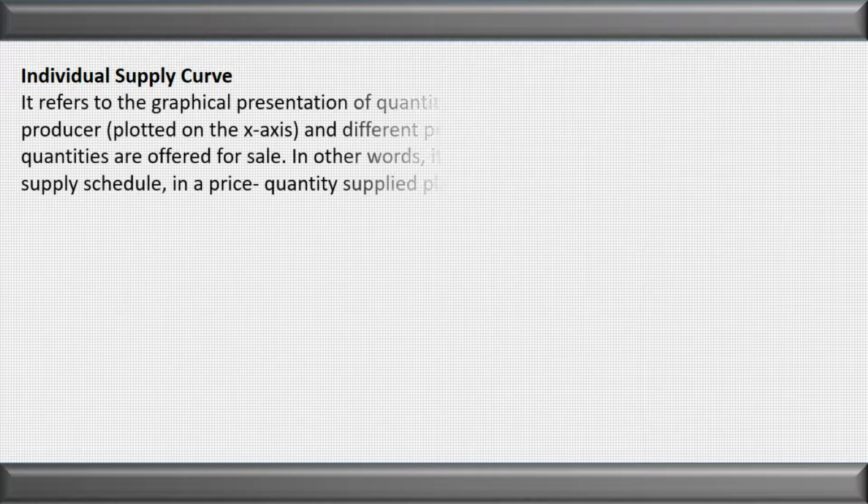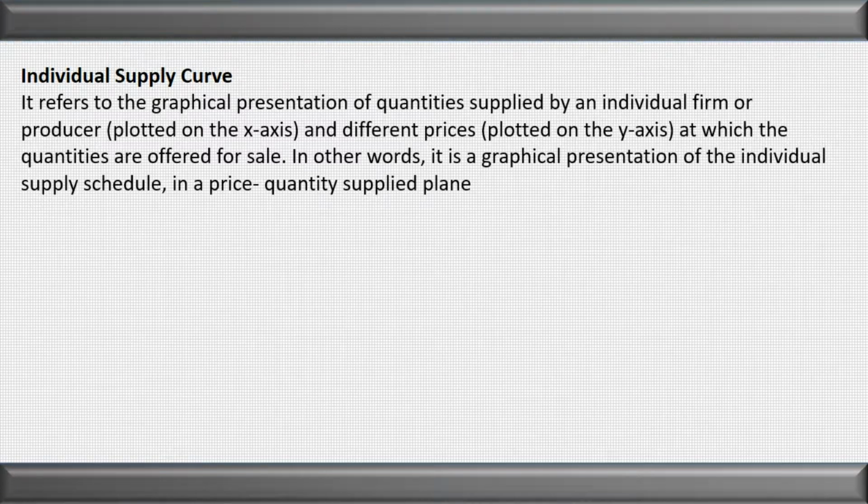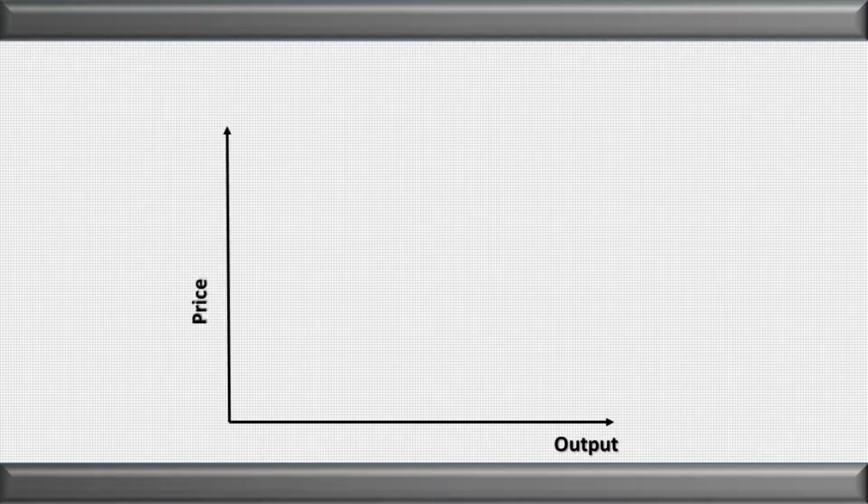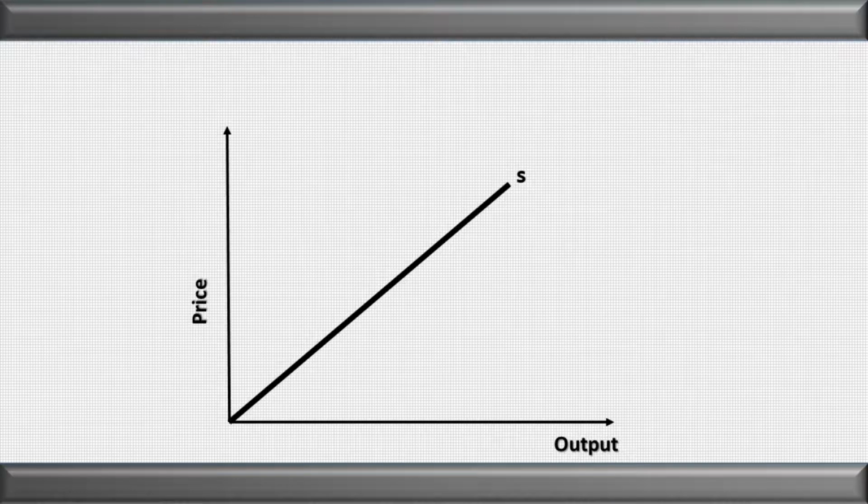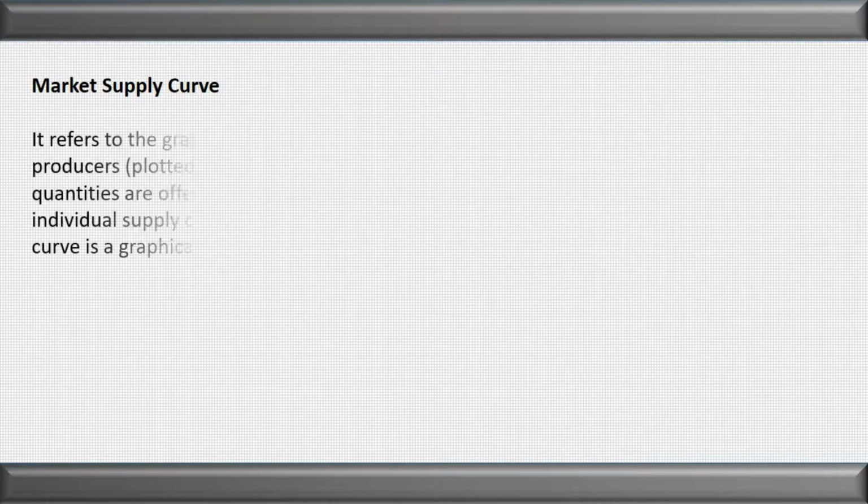What is individual supply curve? It is a graphical presentation showing different quantities of a good made available by a firm at different prices. It can be represented like this one. So this is the graph showing the individual supply curve. Let us see the market supply curve.